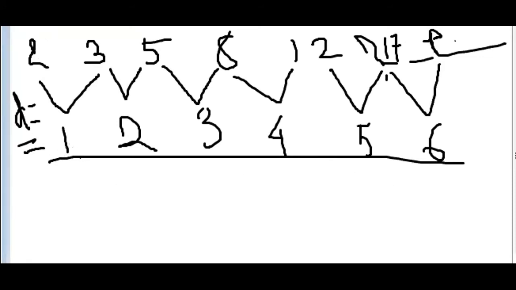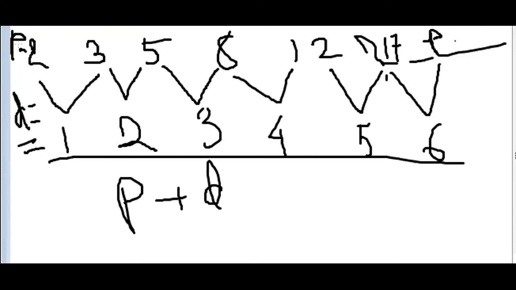The difference starts with 1, and it always increases by 1. And the first number that we have to display is 2, and that will be stored in variable P. To generate our next number, we have to add P and D, because P at the beginning will be 2.